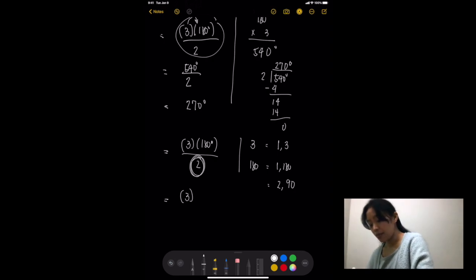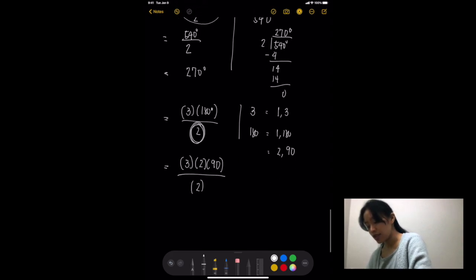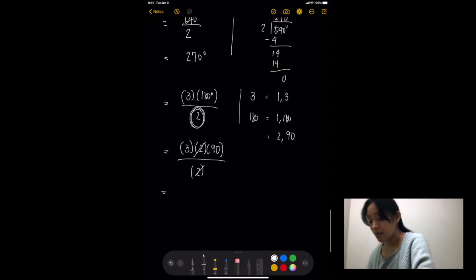So let's try to simplify. So 3 and 180 expressed as a factor of 2 is just 2 times 90 divided by 2. And I can simply look at the equation and I know that I can just cancel out 2 in both numerator and denominator.